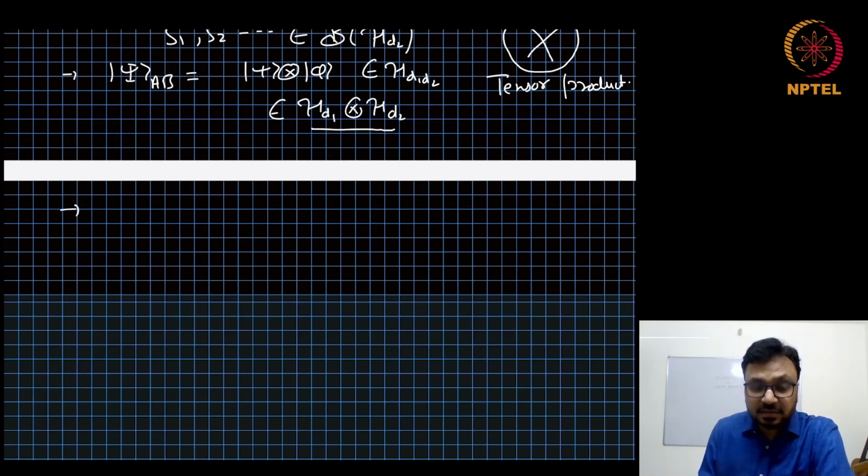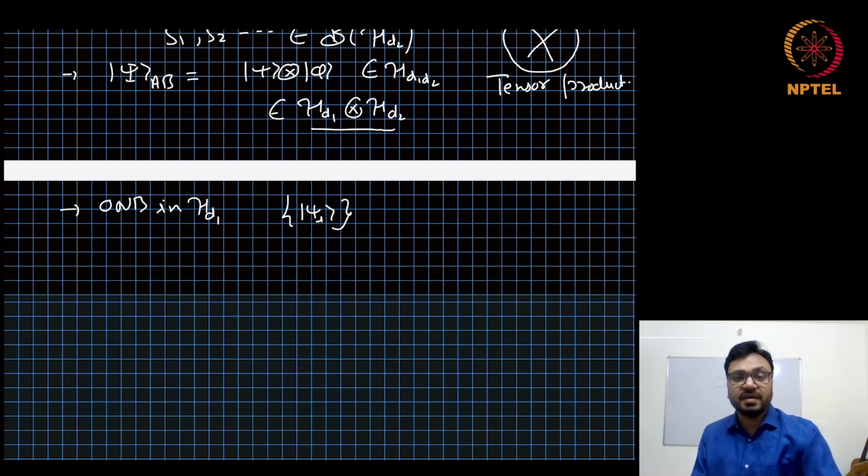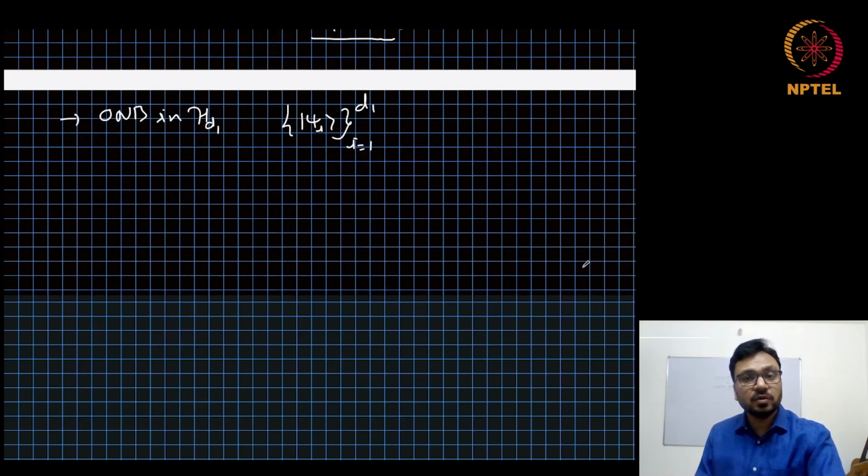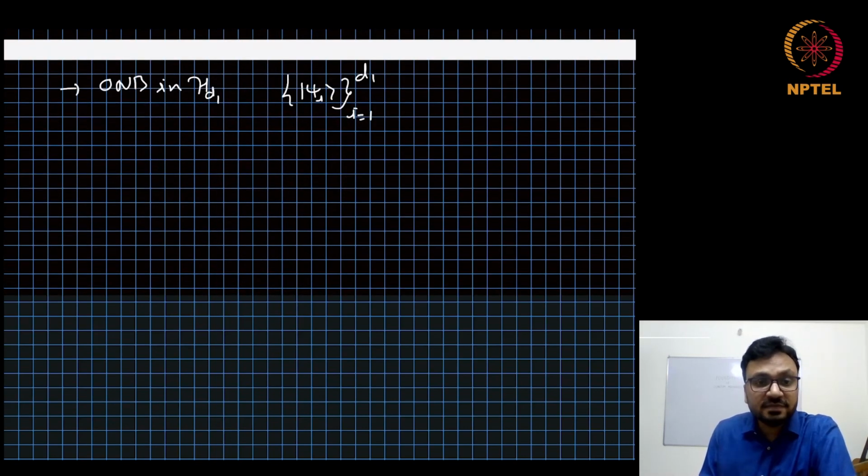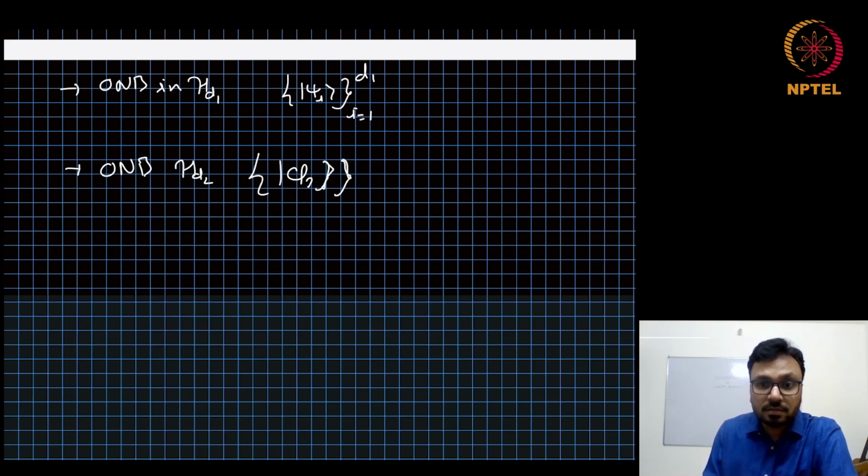Let us say there is an orthonormal basis in H_D1, and let us represent it with psi_i, where i is from 1 to D1. This is an orthonormal basis in H_D1. Similarly, we have an orthonormal basis in H_D2, and we represent it by phi_j, j is from 1 to D2.